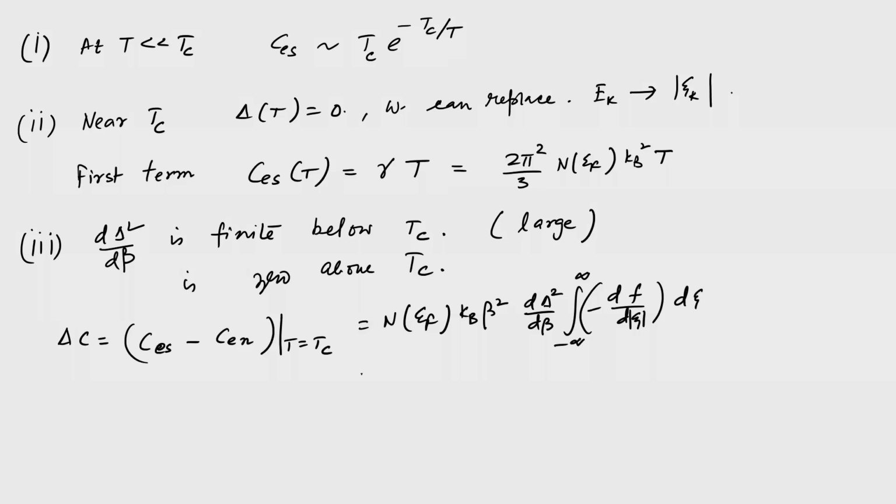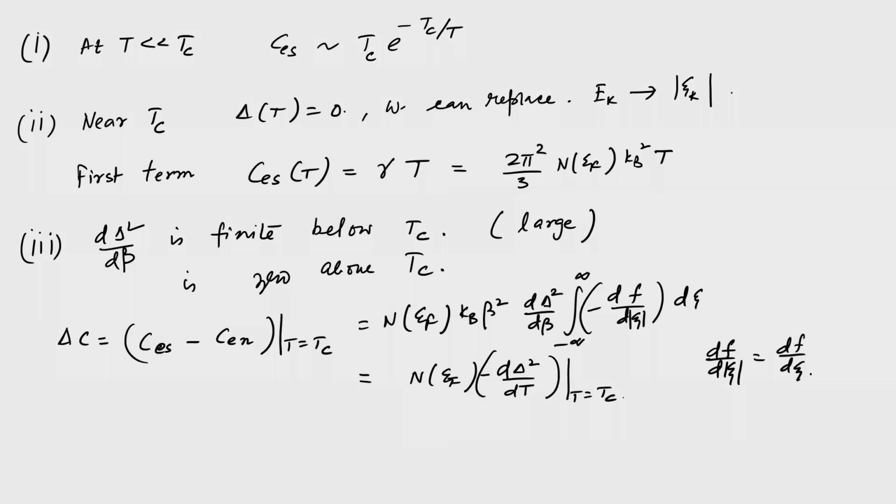Now, of course, this is equal to N epsilon F and minus d delta square d T at T equal to Tc. Now, basically we have used that d f d xi is same as d f d xi, which is an even function.